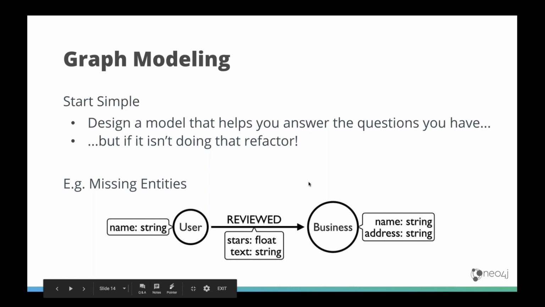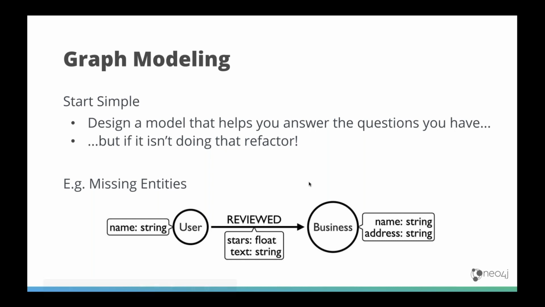For instance, depending on what you want to ask for, the question is, should I model something like a review as a relationship, if only the fact is interesting that a user reviewed a business, or should I extract this into a node where a review is really an entity or concept in my domain that is also connected to other things, or that you want to treat as a first-level citizen in your domain, and then you would turn it rather into a node.